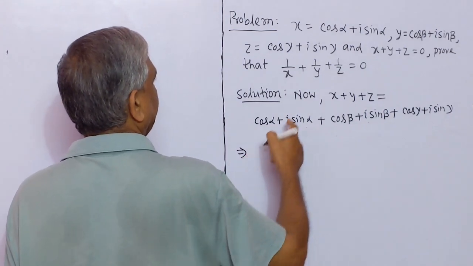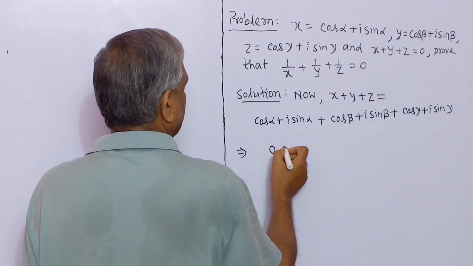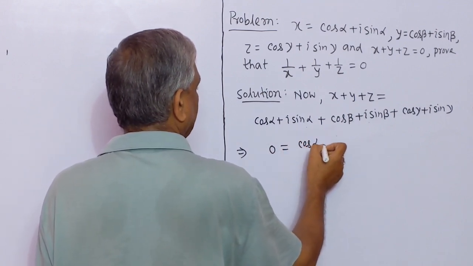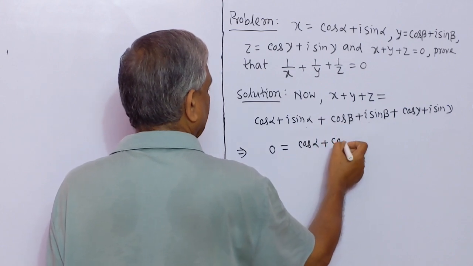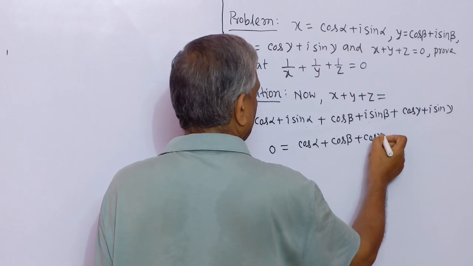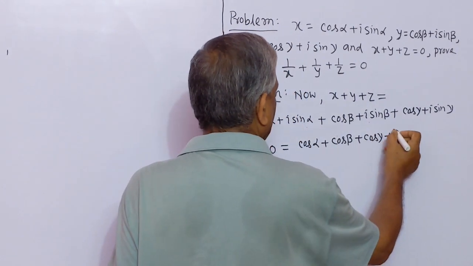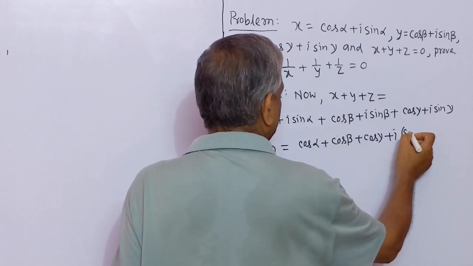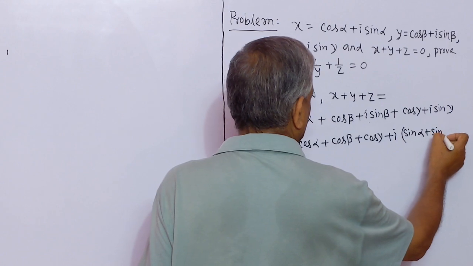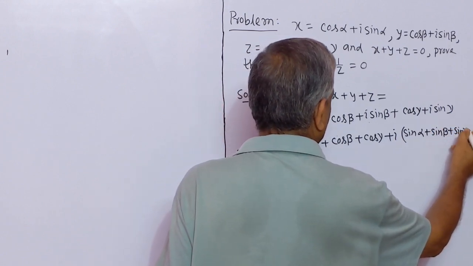Given that x plus y plus z equal to 0, this is 0 equal to, on the right side we write cos alpha plus cos beta plus cos gamma, plus, we take i common, here remains sin alpha, here remains sin beta, plus here remains sin gamma.